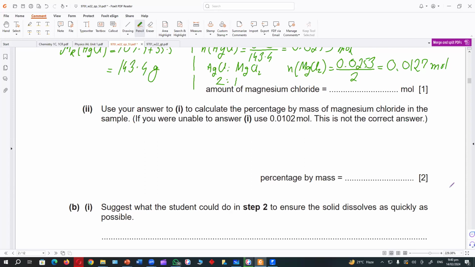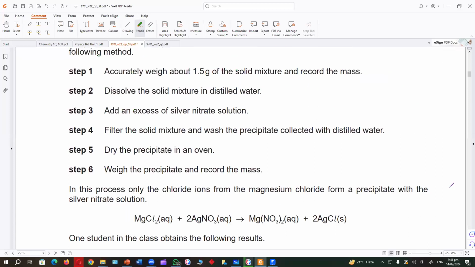We need the total mass. What mass have they given us? About 1.5 gram of solid mixture.